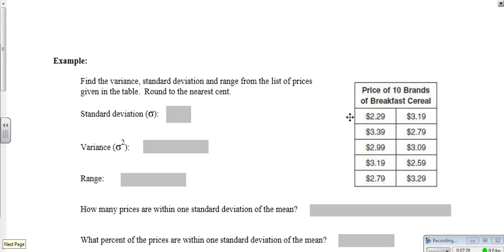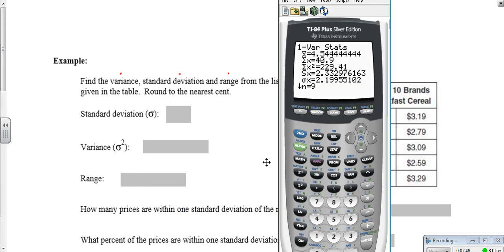So here's a list of information. We want to find variance, standard deviation, and range. Round to the nearest cent. Now this has units, so this makes more sense, no pun intended. Alright, so $2.29. We enter the data. Okay, so again on my calculator, I want to clear my screen.